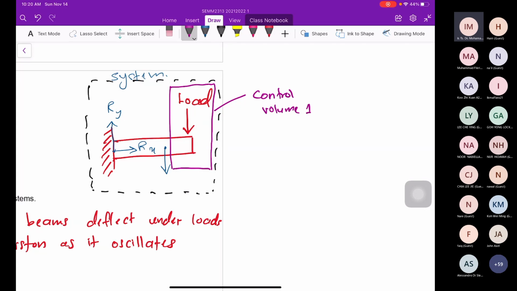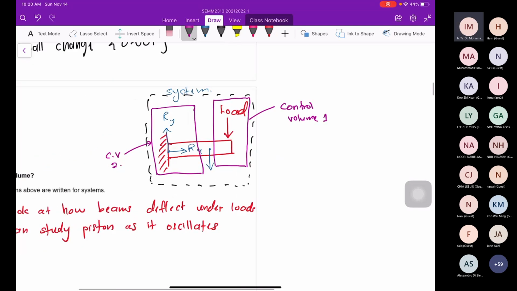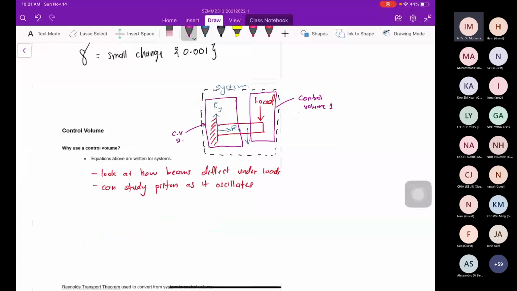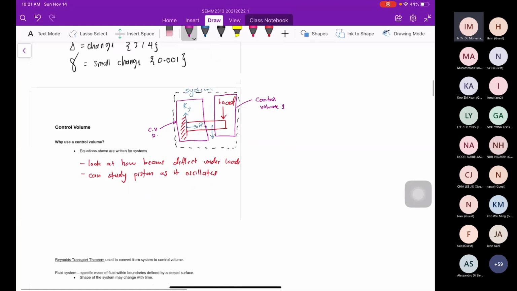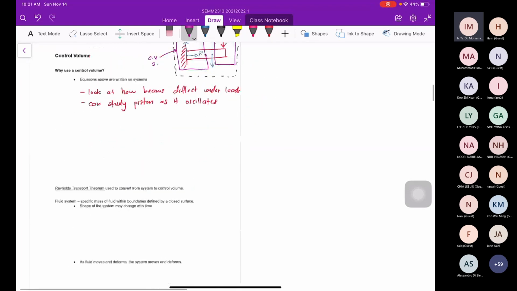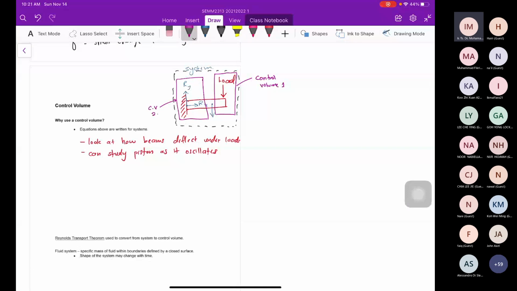Maybe I want to analyze this region, this may be control volume 2. For example, for the piston also, we can use a control volume in order to analyze how it oscillates.